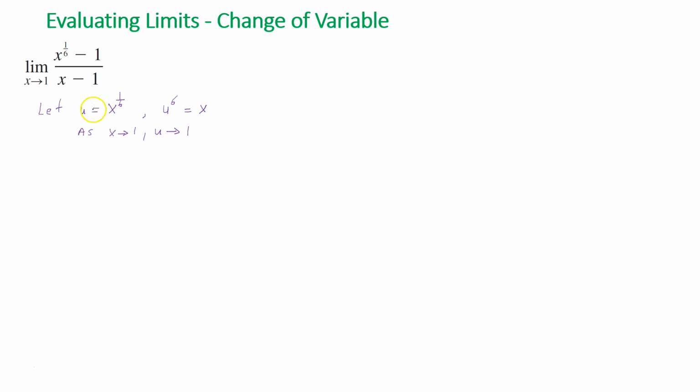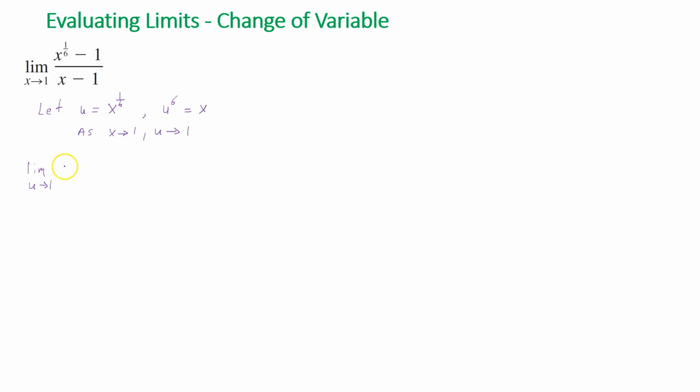So now, the next step is to change this expression to have it in terms of u. Rewriting the limit, we're going to have the limit as u approaches 1 of, so we're now going to replace this x to the power of 1 over 6 with u.